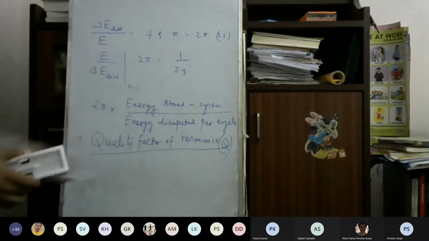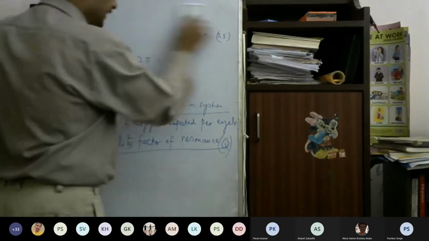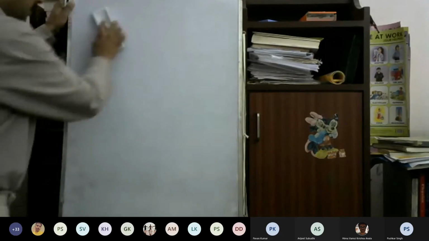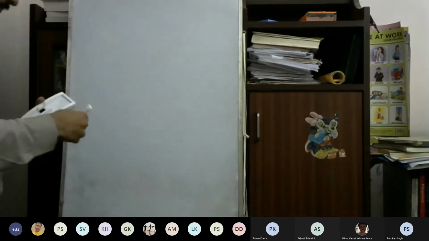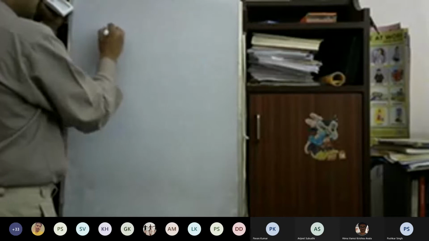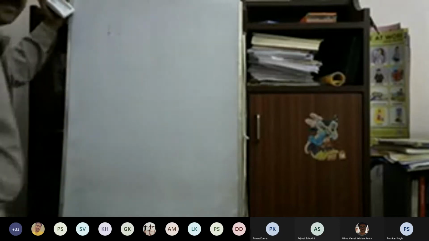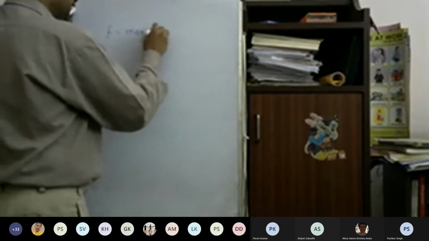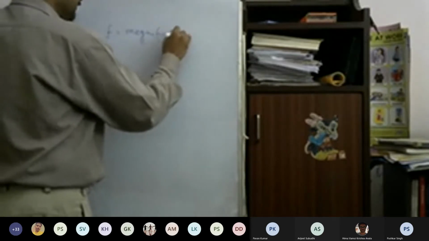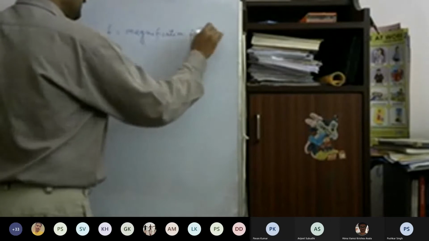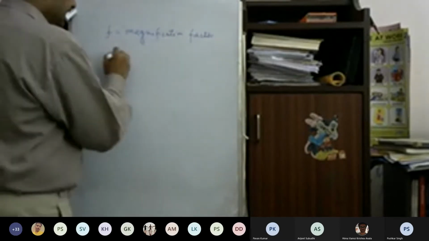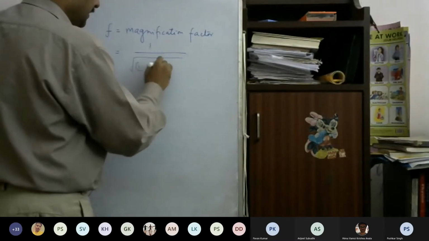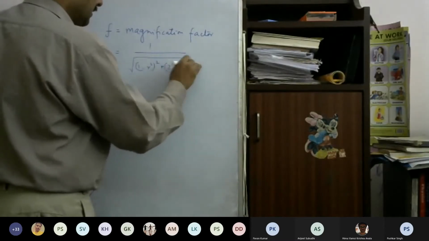Now let us look at this quality factor in a little bit more detail. What I was showing is that F is the magnification factor, equal to 1 by under root of (1 minus r square) whole square plus (2 zeta r) square.